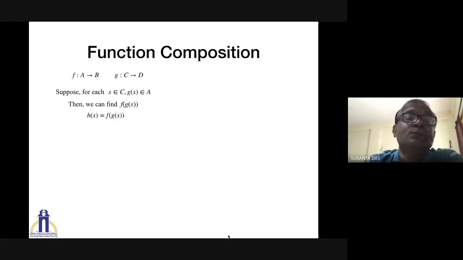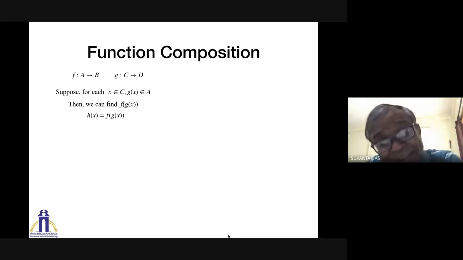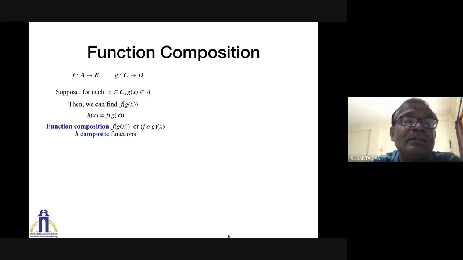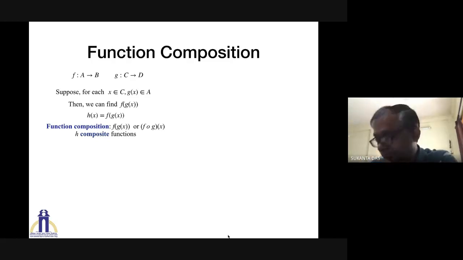Suppose h(x) equals f of g of x. Now if it is so, then we call it function composition. So here I am getting a new function h, but how am I getting it? I'm getting it by composing two functions, f and g.